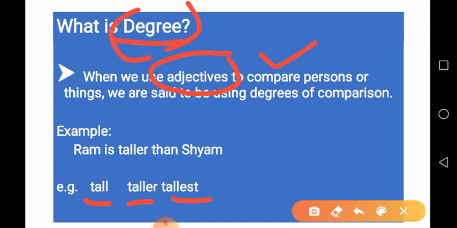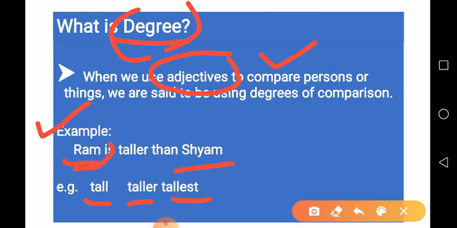Now, let me explain this in detail with the example here. You can see the example is Ram is taller than Shyam. Here, two objects, two persons, Ram and Shyam, they are compared here. What is said? Ram is taller than Shyam.